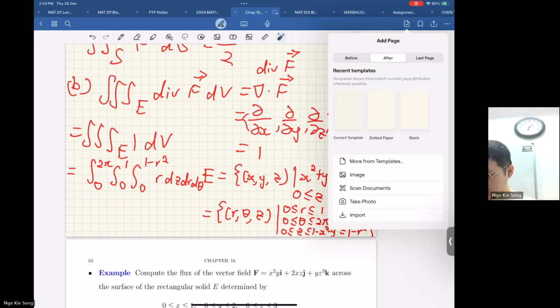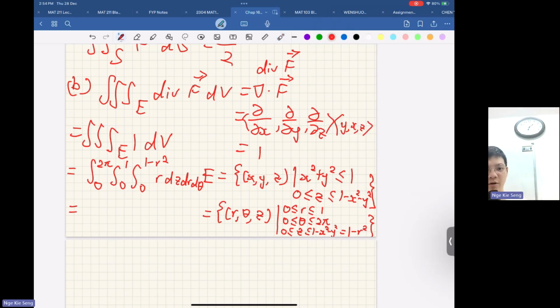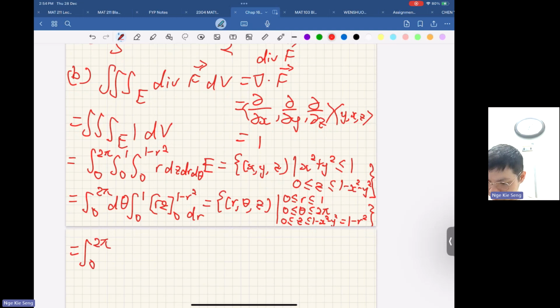So what is this here? 0 to 2 pi, 0 to 1. We can split the integral out. We can split the d theta out, and then we do the rest. So r becomes rz, from 0 to 1 minus r squared, dr. Then what do I get?